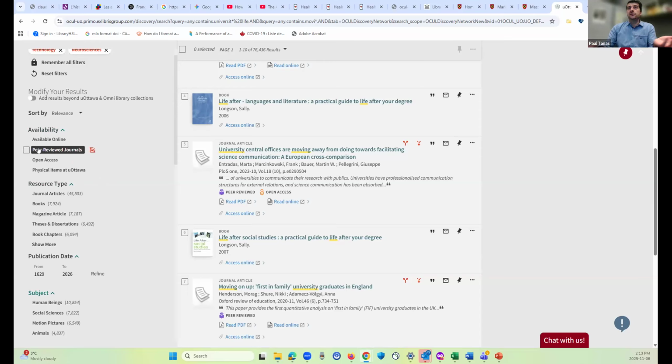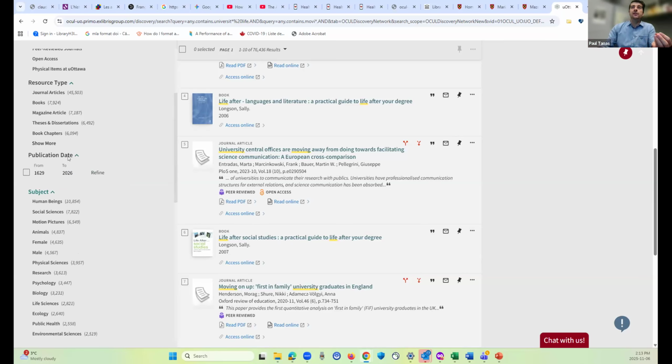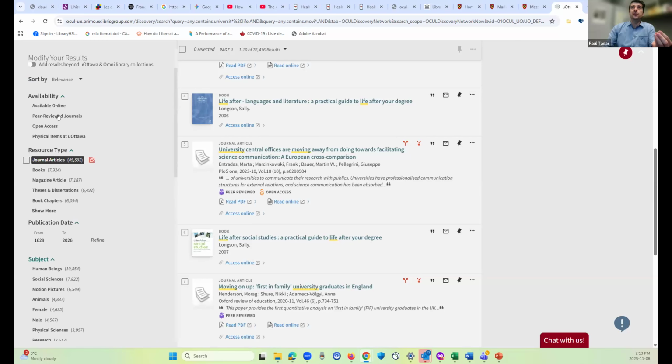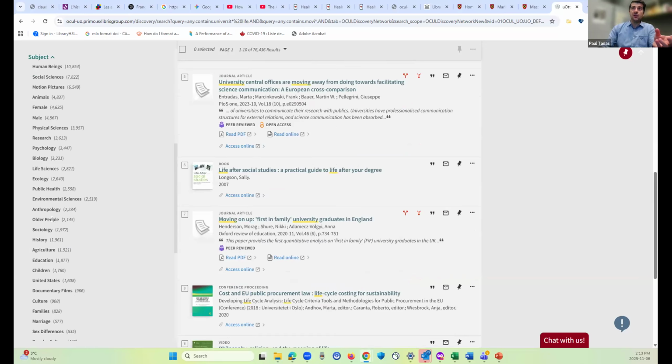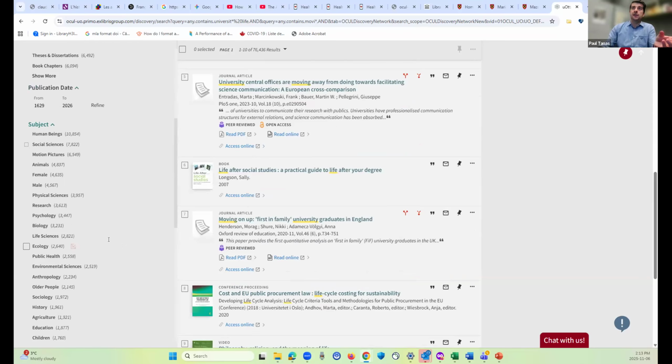Then sometimes they want peer-reviewed journals, which is totally fine. But we tend to focus too much on these upper panes with the filtering, and we forget that we can play a lot and teach students to be critical and filter through their results by using the subject. That being said, I'm gonna now switch to, let's see if the computer cooperates.